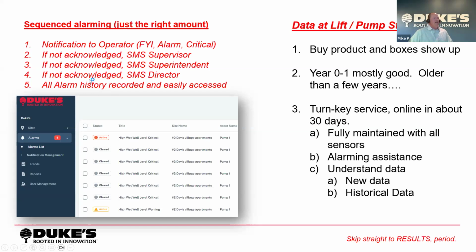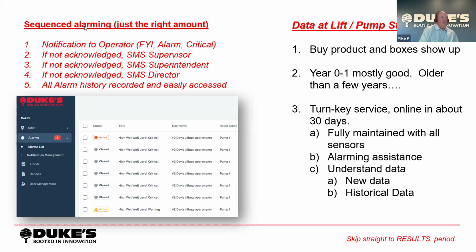So this platform in this case has very logic and sequence based alarming, and it can be custom programmed where, again, this is something that we do help with, where the right people get the right amount of information. So look, this is one example, kind of the 1 through 5.